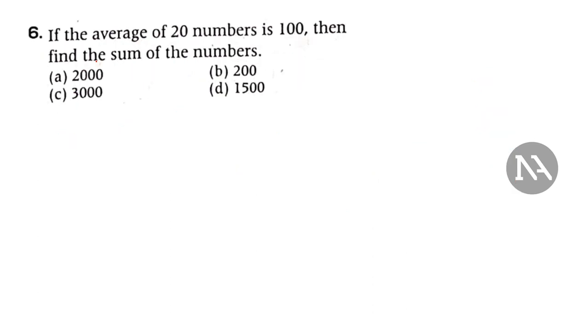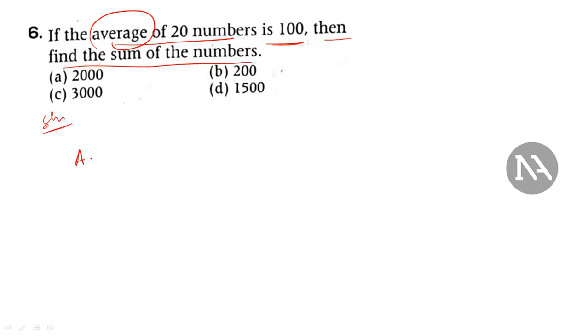Next question, question number 6. If the average of 20 numbers is 100, then find the sum of the numbers. So here it's a different question. They are not asking the average directly. The average is given, right?